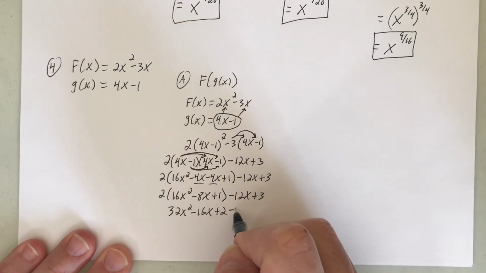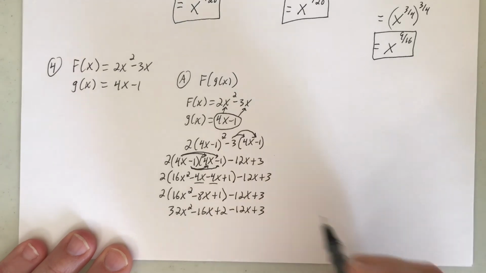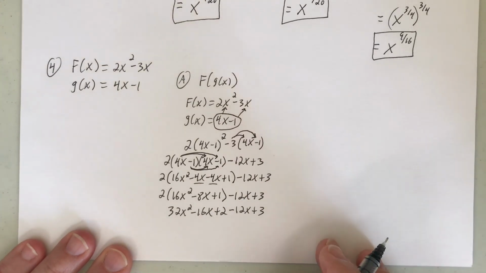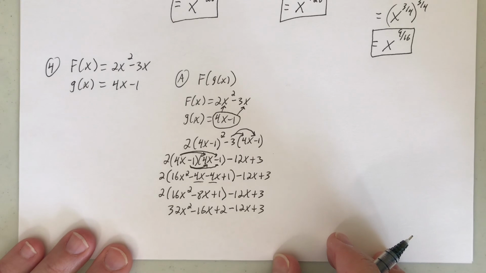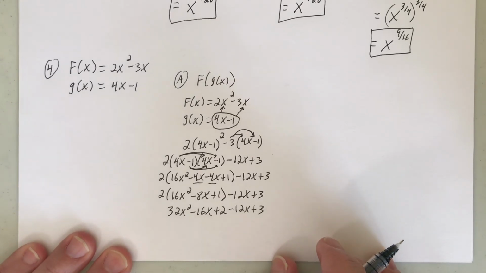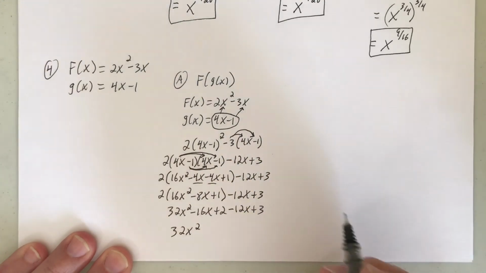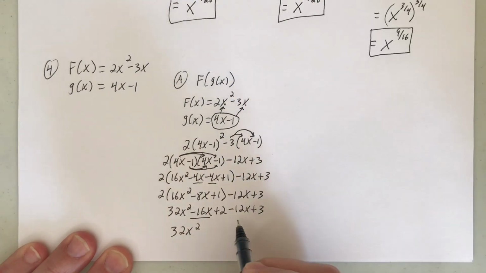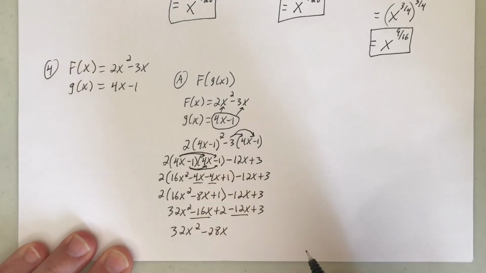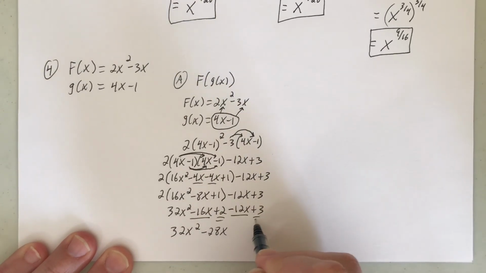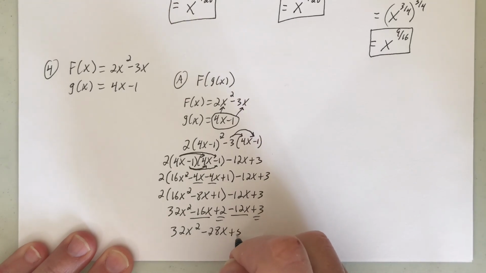And then I still have the minus 12x plus 3. You can see this problem's getting long, isn't it? Well, now we're on the last step, so we can just combine our like terms. We have the 32x squared, then minus 16x and minus 12x, which is minus 28x, and then the positive 2 and positive 3, which is plus 5.